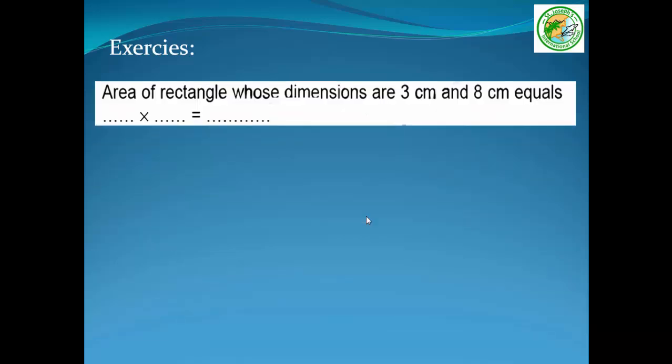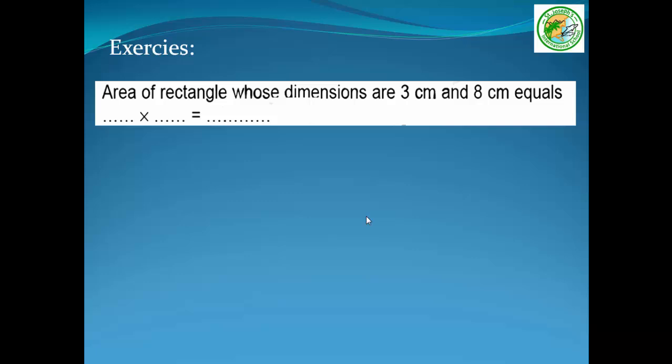Look at this exercise. Area of a rectangle whose dimensions are 3 centimeters and 8 centimeters equals? Here I have the word dimensions, and dimensions means the two lengths, which are length and width.